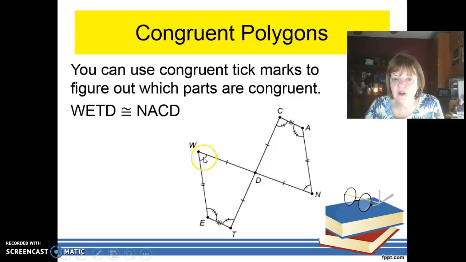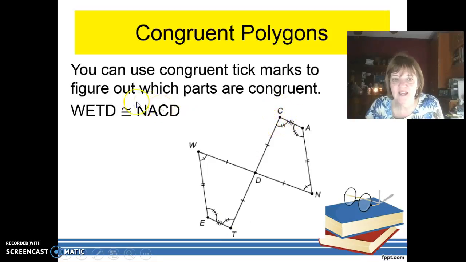And notice these tick marks. There's one little tick mark here and one little tick mark here. So if we didn't have this, we would know that these two are congruent because they're all in the same drawing and they have the same number of tick marks. So you can see T over here, it's a different measurement, and let's look on the other one. T is congruent with which one?